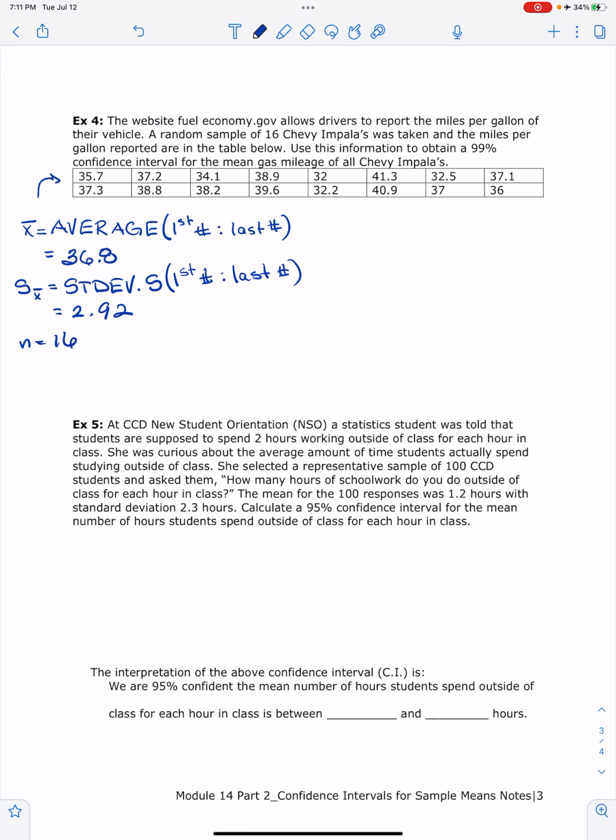There are 16 values in the table, so my degrees of freedom, 16 minus 1, is 15. Now, we've got a confidence interval of 99%, which means my alpha is the other 1%.